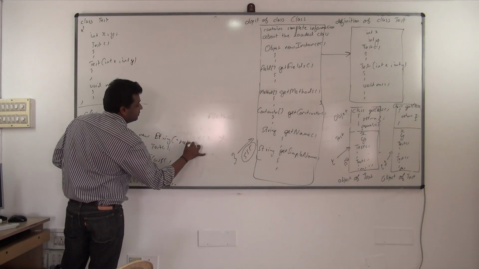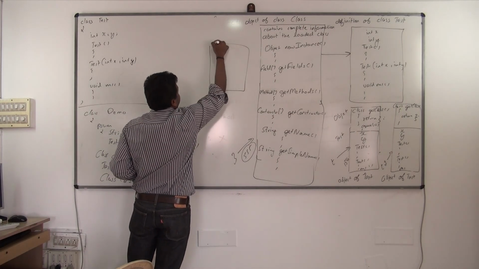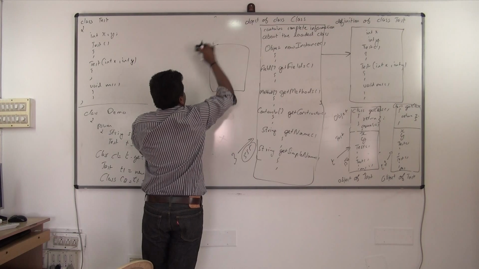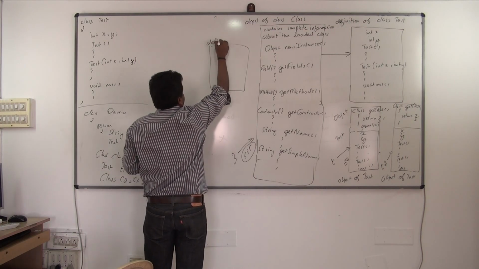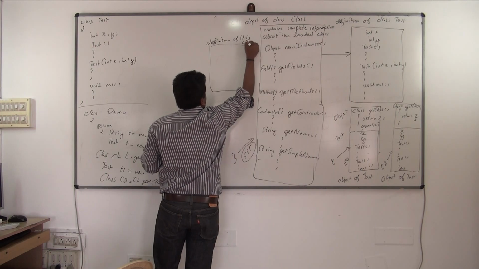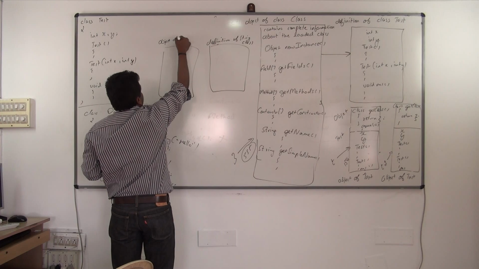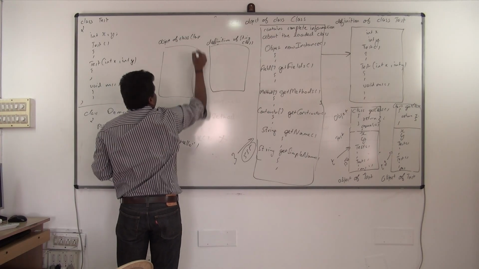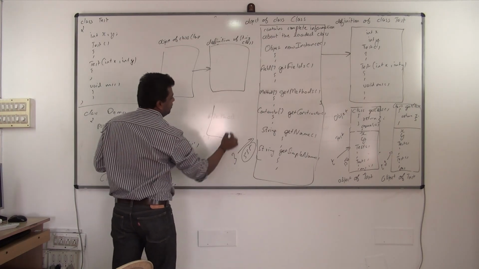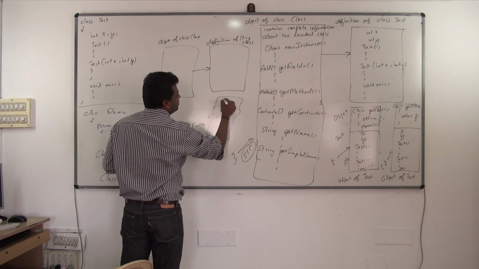First, the definition of the String class will be loaded. Then an object of Class will get created, with complete information about it. Then your normal string object gets created, hello. So here you can call which method?